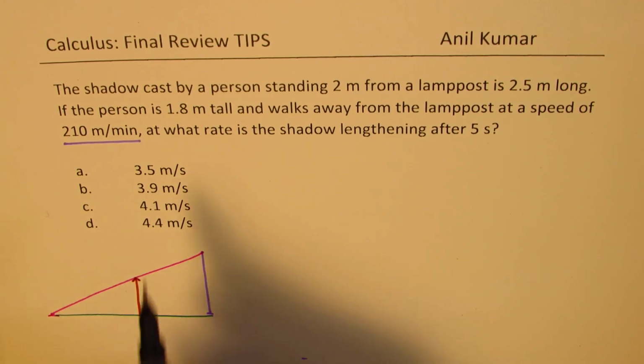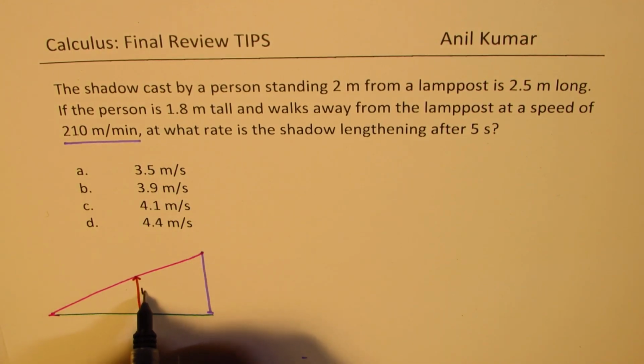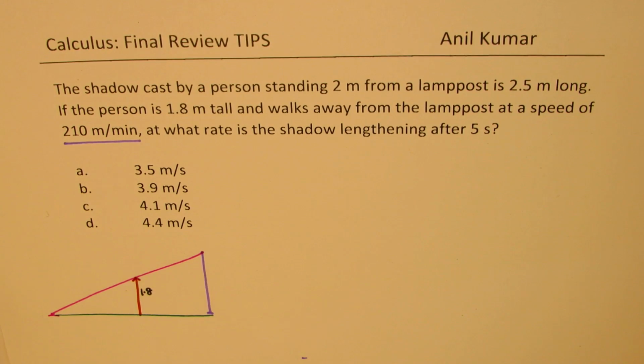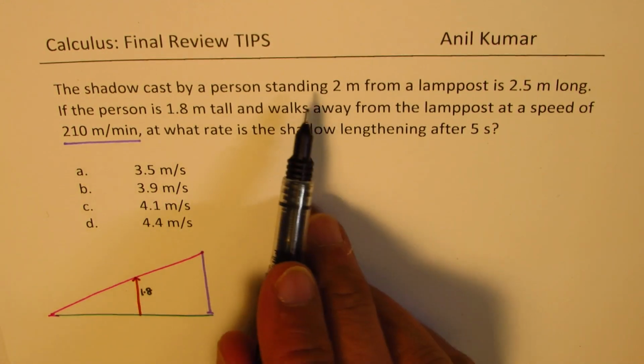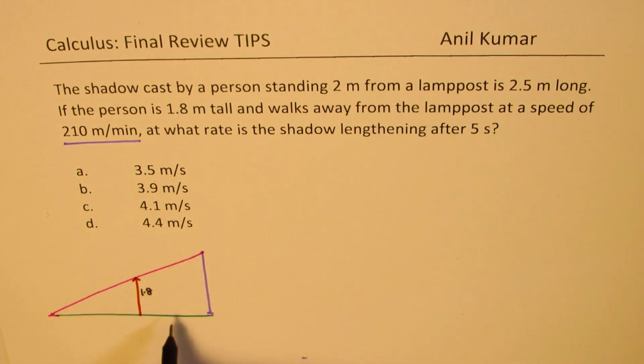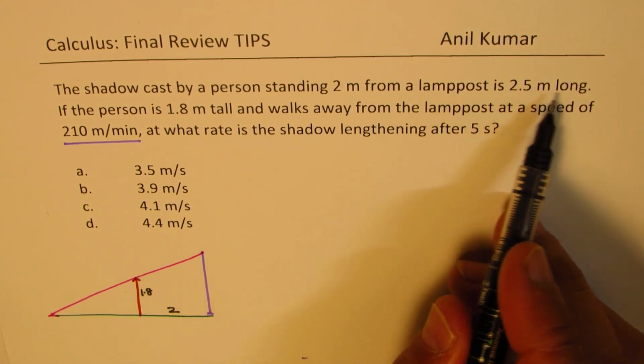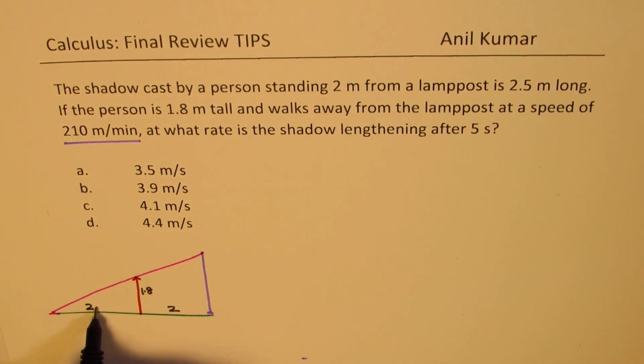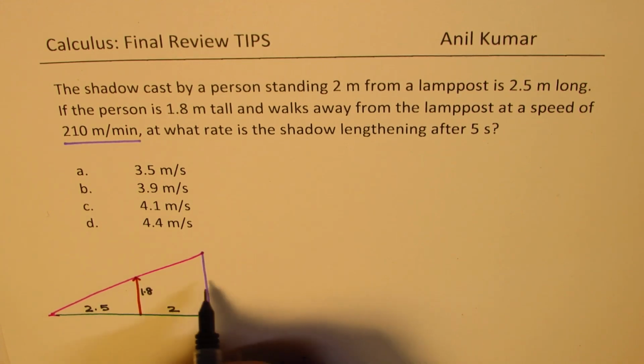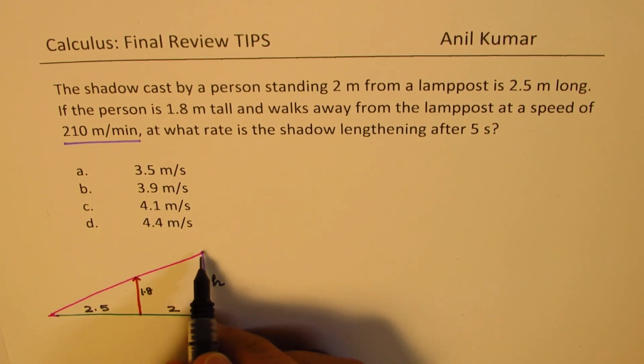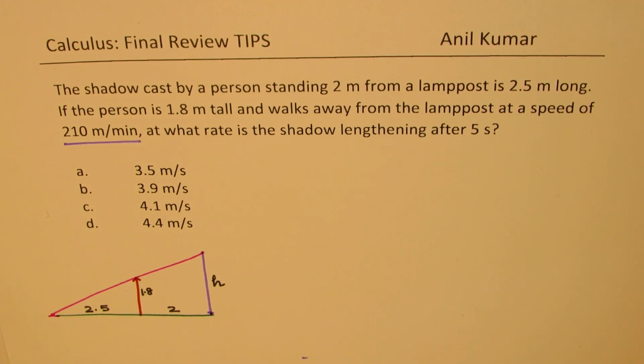It is given to us that the person is 1.8 meter tall, standing 2 meters from the lamppost. So this is 2 meters from the lamppost. 2.5 meter long is the shadow. So this part is 2.5. Correct. From this information, we can find the height of the lamppost. Clear?